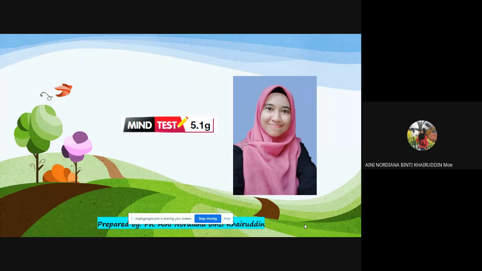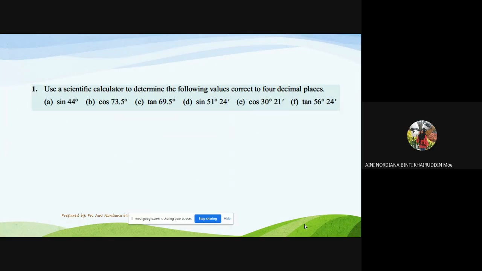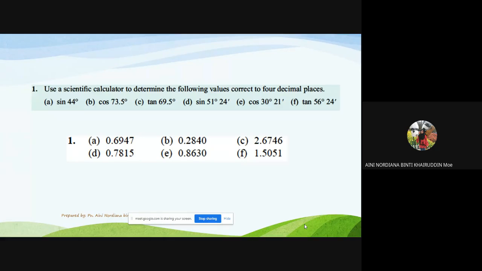We start discussing this exercise, My Test 5.1G. Soalan ni semua senang je sebab guna calculator sahaja. So this is the answer for number 1. You can mark your answer now.